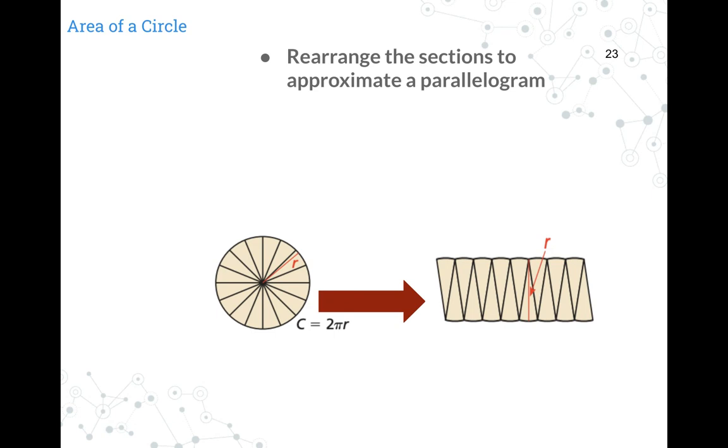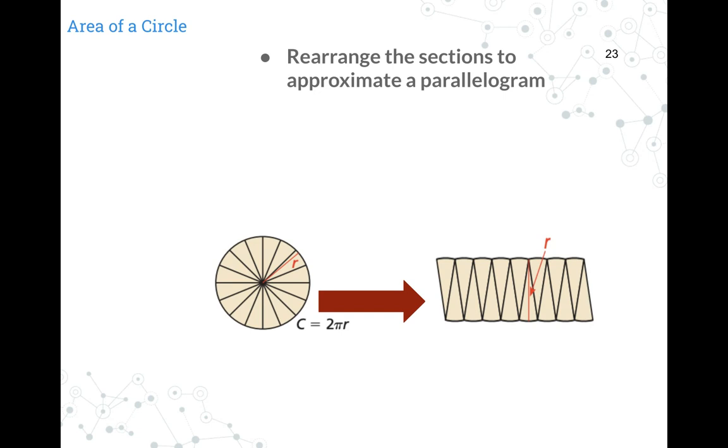Is this exactly the area of a parallelogram? No, it's not. Why not? Because each little crust of these slices is curved, not flat and not straight. So it's not exactly the same as a parallelogram, but it's very close.